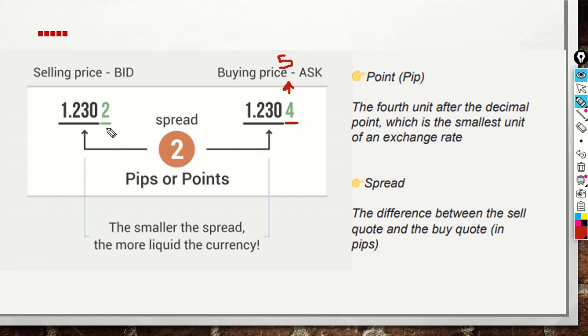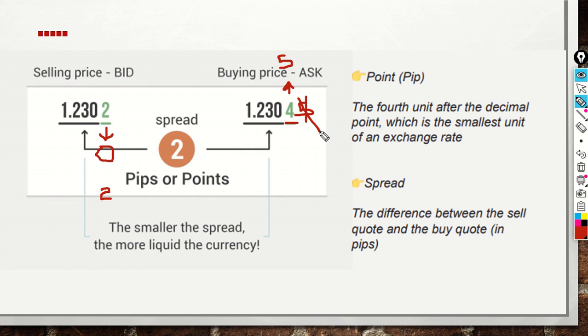If from here we have a decline to 3, the change is said to be a 2 pip drop in price. I hope it's simple to understand. So the fourth unit after a decimal point is a pip, considering that your platform offers you 4 digits after the decimal point. If your platform offers you 5 digits, the fifth is a fraction of a pip. Don't consider it. The fourth value still matters.